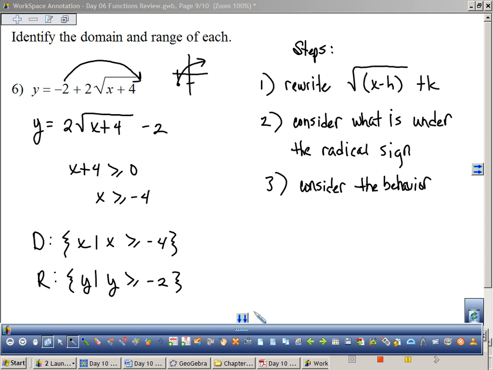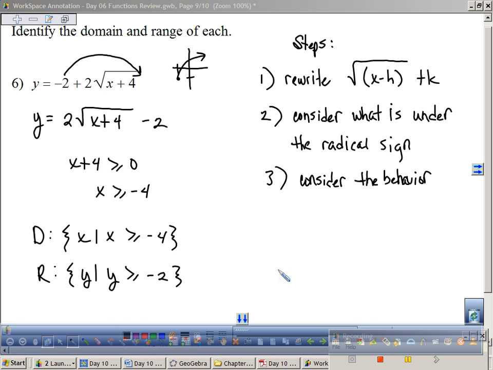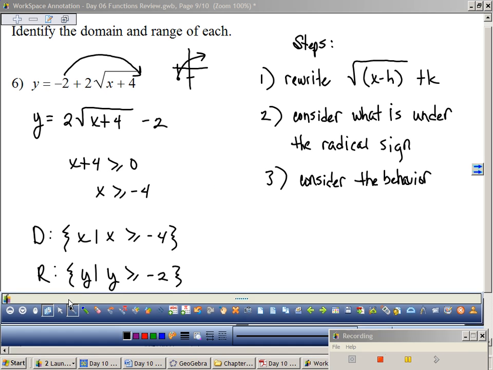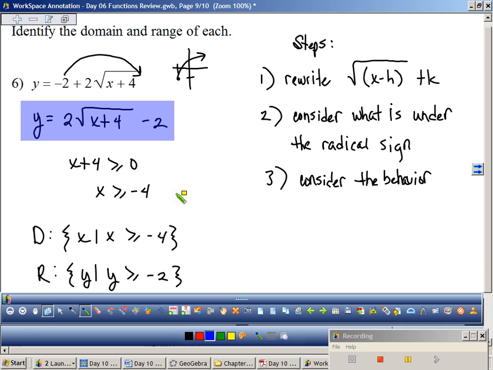Now I go next. This is just rewritten so I can consider the behavior.